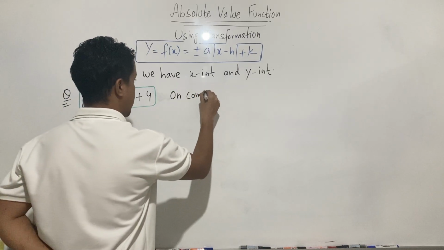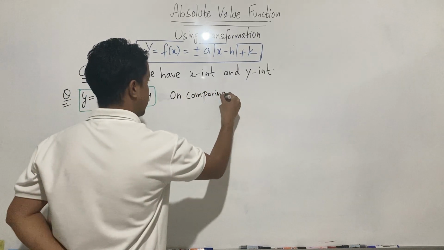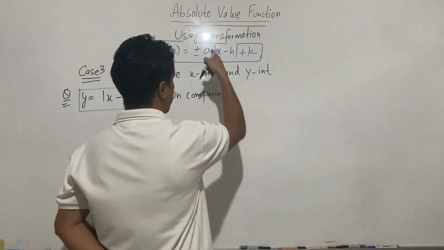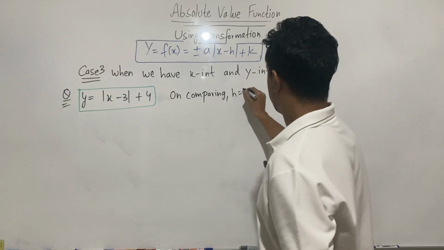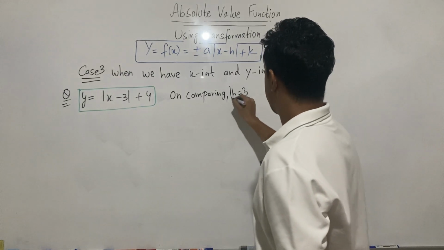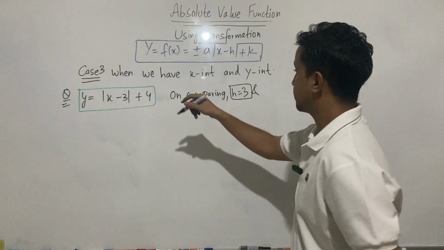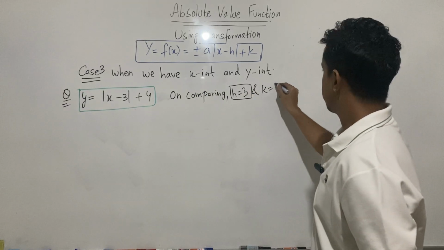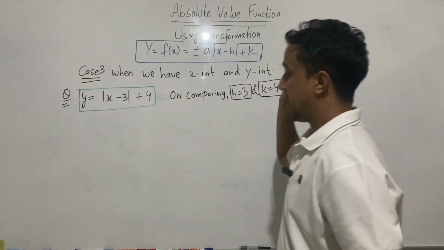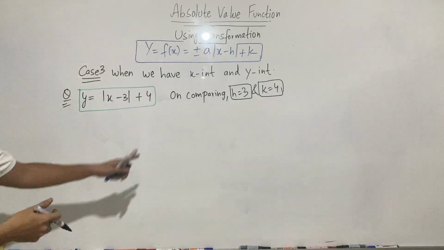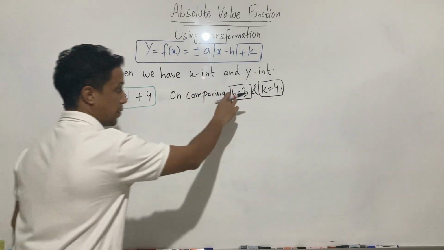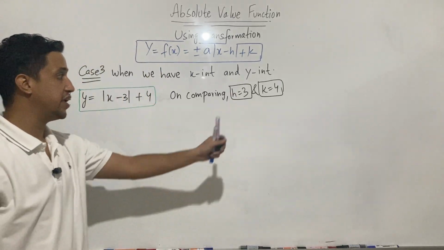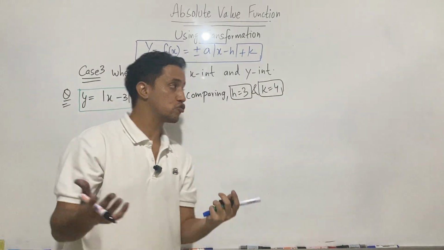On comparing, what will we get? h is 3 and k is 4, right? The value of h is 3 and the value of k is 4, meaning x intercept 3 and y intercept 4.